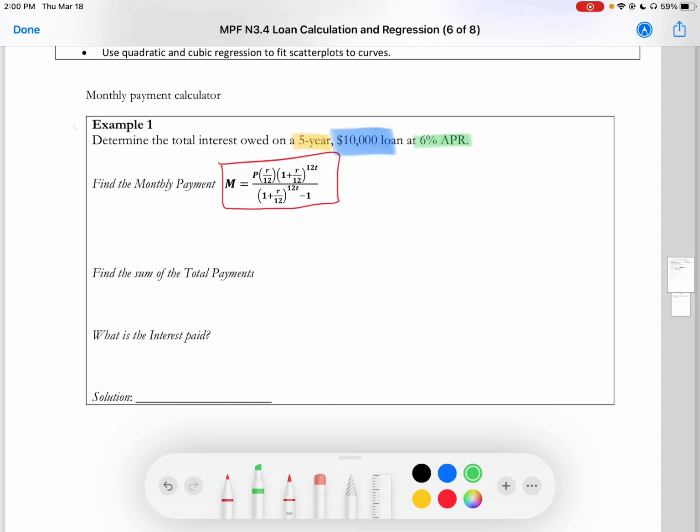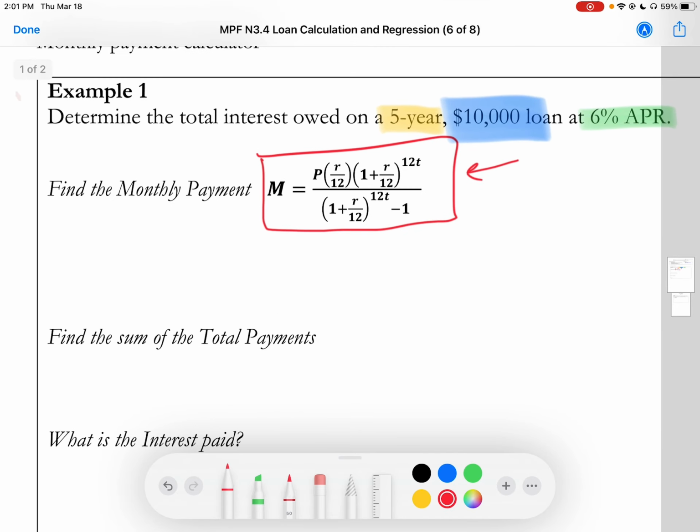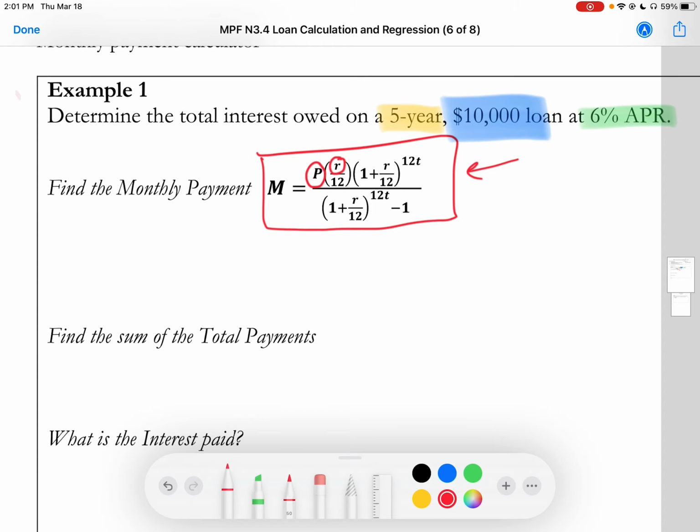Now remember, there are two ways that we can do this. One of them is we can use this monthly payment calculator or formula. Remember that the variables in this formula are P, that's our principal, R, that's our interest rate, and T, that's our amount of time. In this case, P, the starting amount of the loan, is $10,000.